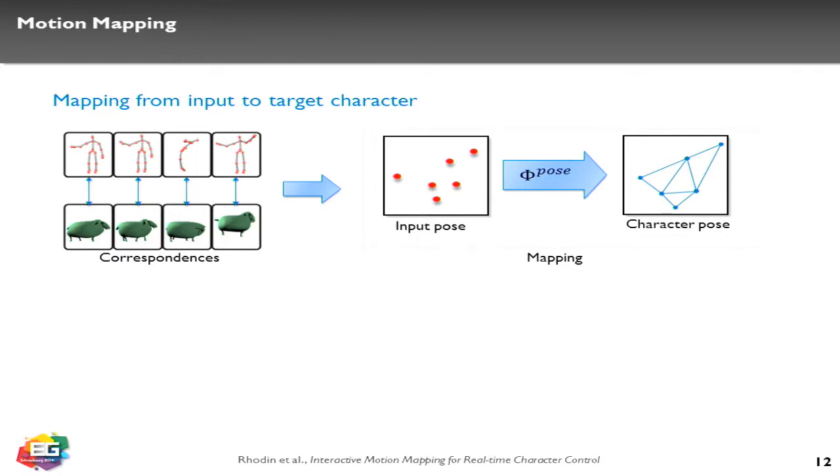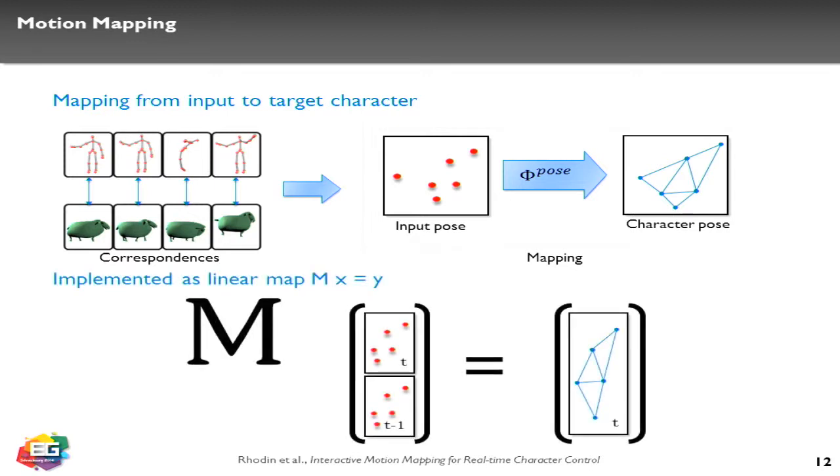So here is how you map the character. Once you have the correspondence, you need to learn a mapping from one input pose, which is not one of the correspondences, to generate a new character pose. This is learned by doing a linear mapping. For your correspondence, you have an input pose and then one character pose.